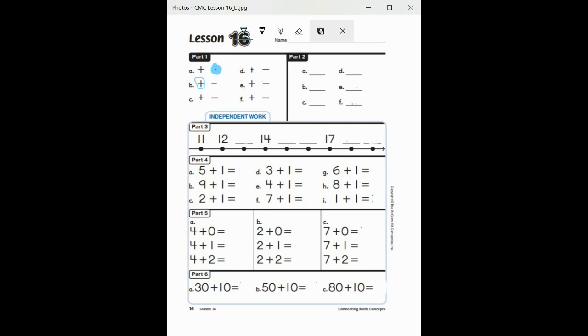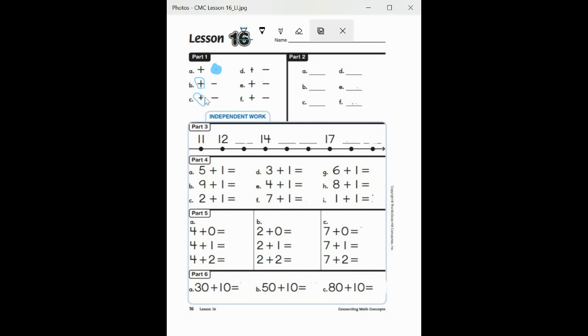Letter C. 45 people got on a plane. Did the plane end up with more people or less people? 45 people got on the plane. Circle the plus sign because 45 people got on.